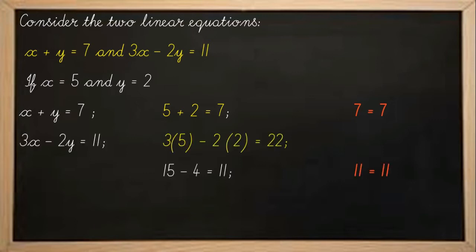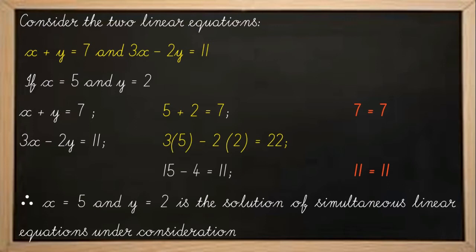Consider the second equation, 3x minus 2y is equal to 11, where x is 5 and y is 2, hence the value 11 is equal to 11. So with this we can conclude that x is equal to 5 and y is equal to 2 is the solution of the simultaneous linear equations under consideration.